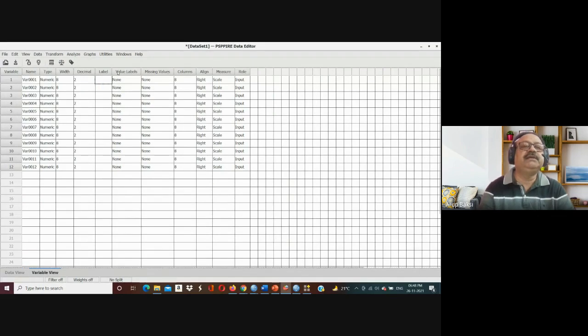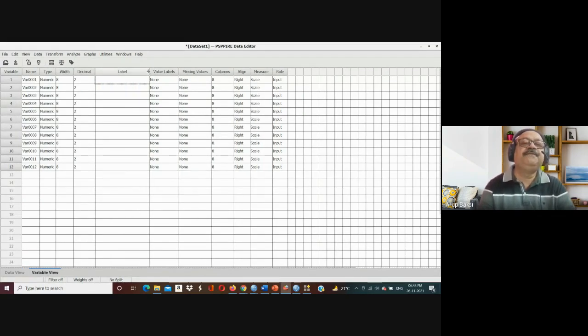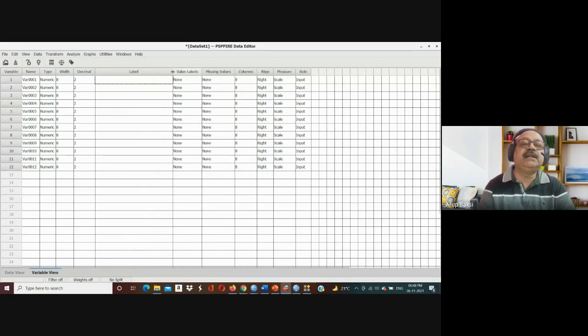So you see, there's not much of a difference, except the fact that it is a little bit unattractive because it is black and white. Unfortunately, the colored version is not released yet. But you can do all those analyses, all those statistical procedures that SPSS does.